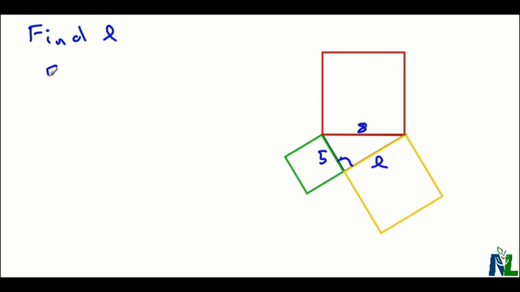So I would say 5 squared plus L squared equals 8 squared. Okay, or you could say L squared plus 5 squared. It doesn't really matter the order that you add those in, of course. So my first step here would be probably to subtract 5 squared from both sides.